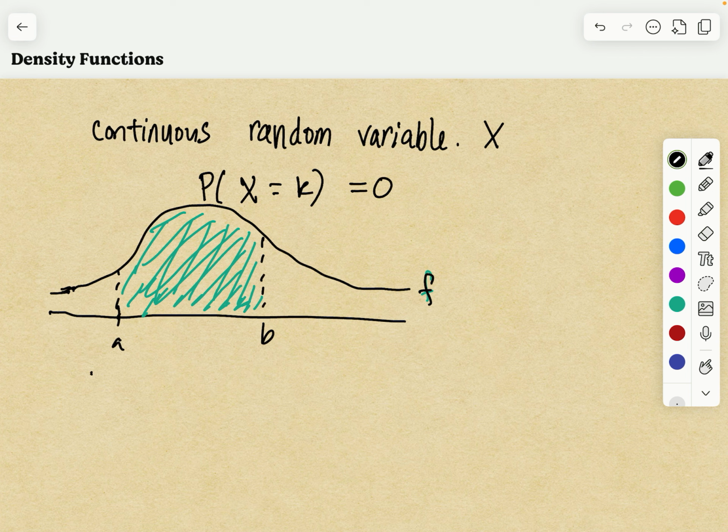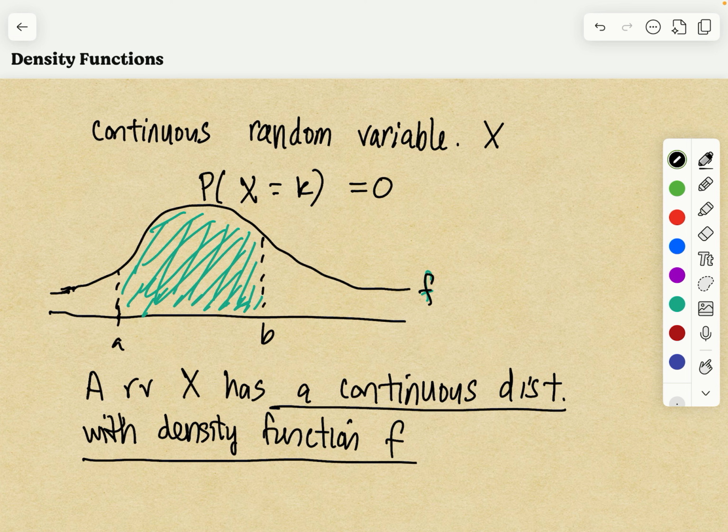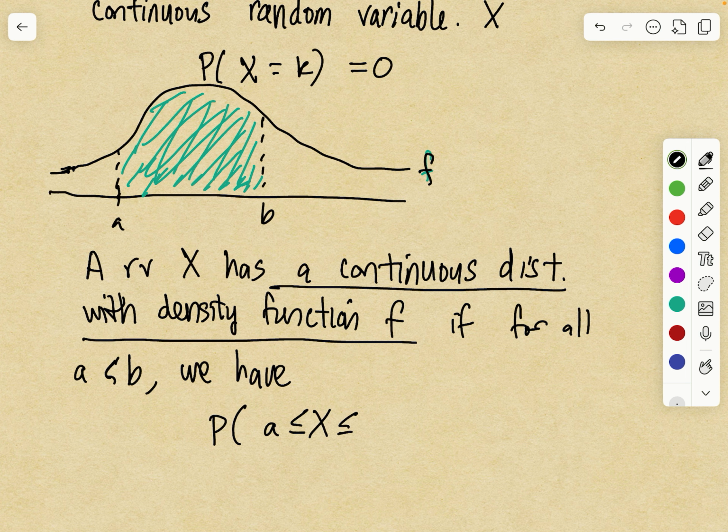We say that a random variable x has a continuous distribution with density function f if for all a less than b, we have that the probability that x is between a and b is equal to the integral from a to b of f of x.